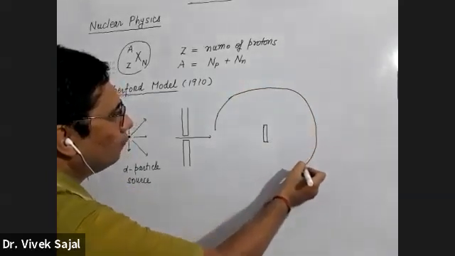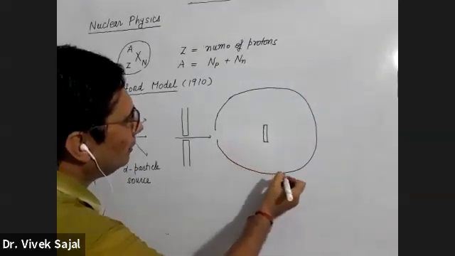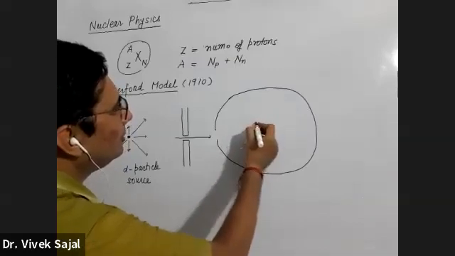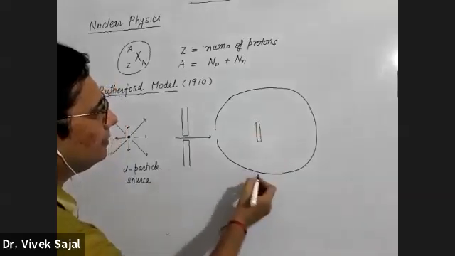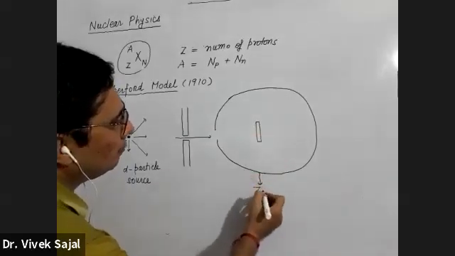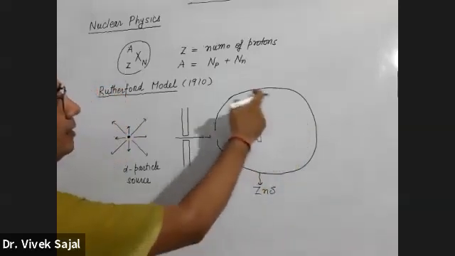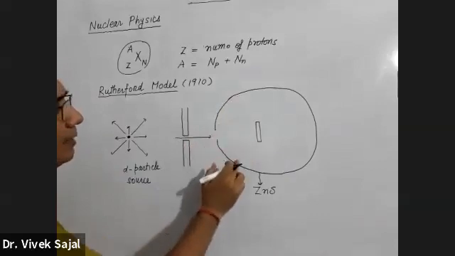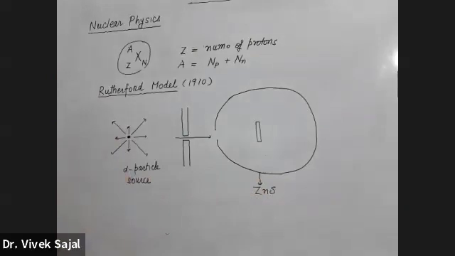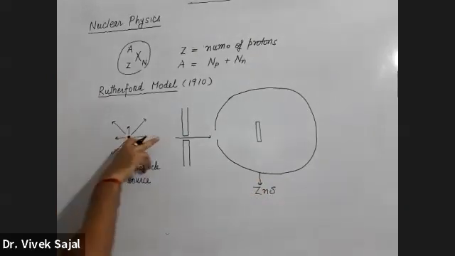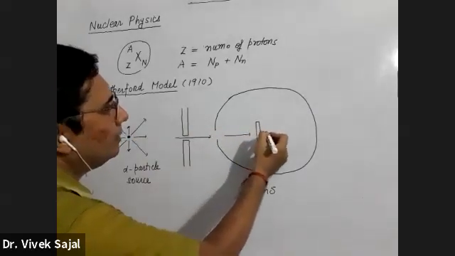ZnS acts as a fluorescent material, and the gold plate is placed at the center. Whenever an alpha particle strikes this plate, there will be a scintillation, and you can find out that an alpha particle is striking here.